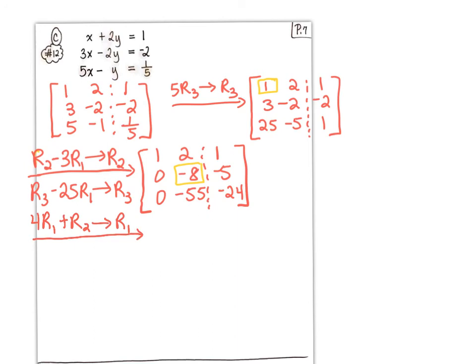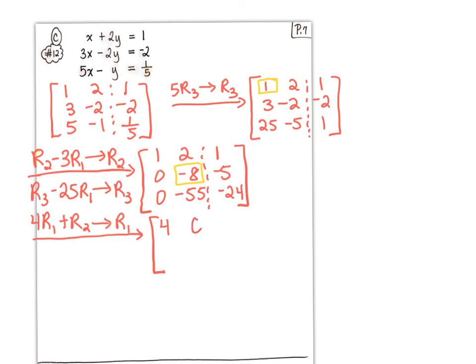Sorry about that. How do I get off? There you go. Okay, so row 1 is now going to change. So we have 4 times 1 plus 0. What's that? 4. Good. Then we have 4 times 2 is 8 minus 8 is 0.